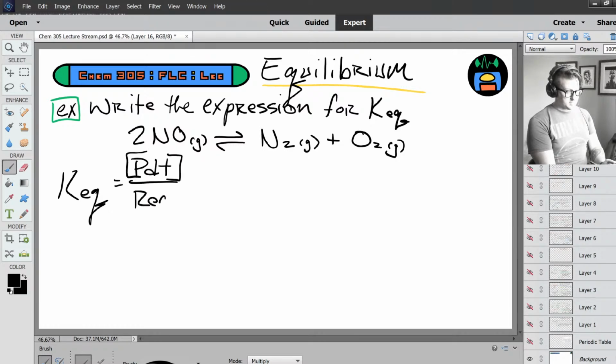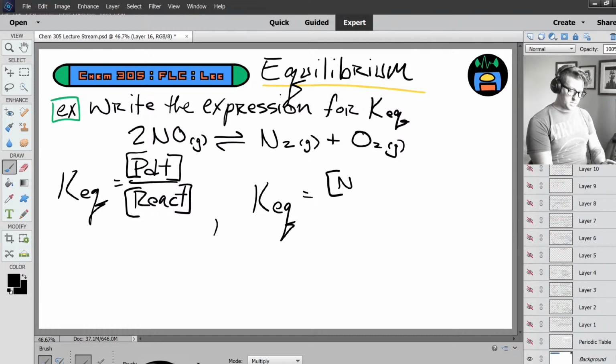All right, well, the thing to remember about KEQ is it's always products over reactants. All right, that is always the ratio. It's always products over reactants. So the products for this reaction are nitrogen. We got to do the molarity of nitrogen. Now in this reaction, nitrogen has a stoichiometric coefficient of 1. So nitrogen is raised to the power of 1 in the equilibrium constant, and the same is true for oxygen.